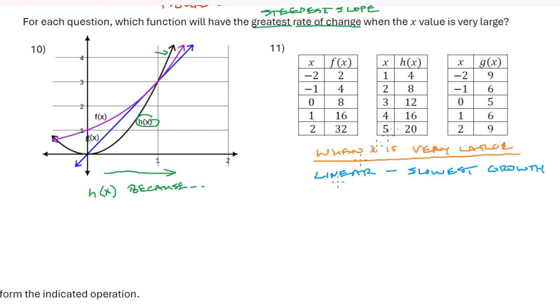Linear is always going to be the slowest. Quadratic is middle. And then exponential, largest growth or fastest growth.